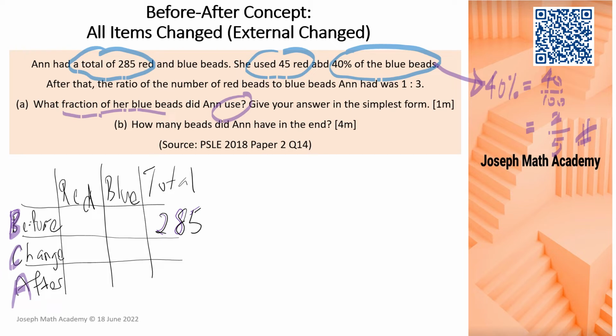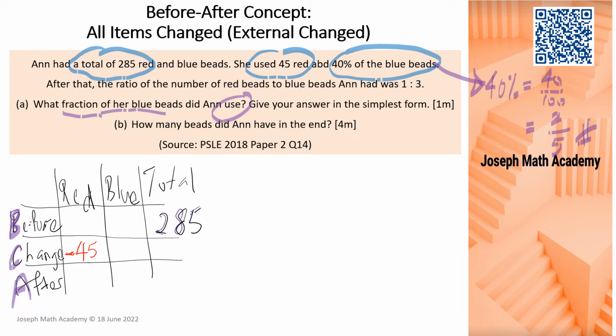Now she used 45 red ones, so I'm going to subtract. Use means there's a change. I'm going to subtract 45 from here. So this is the information that I can plug in, minus 45. And she used 40% of the blue beads.